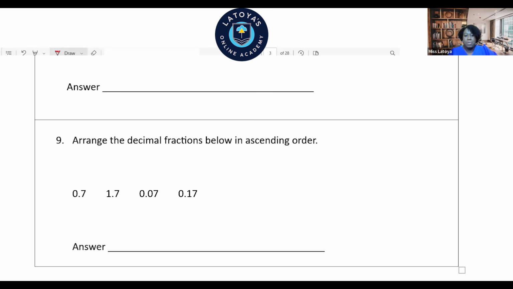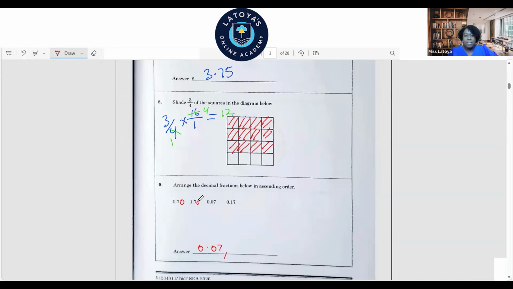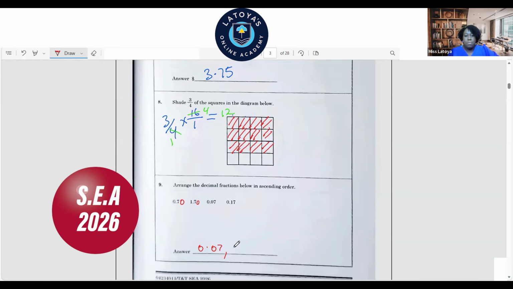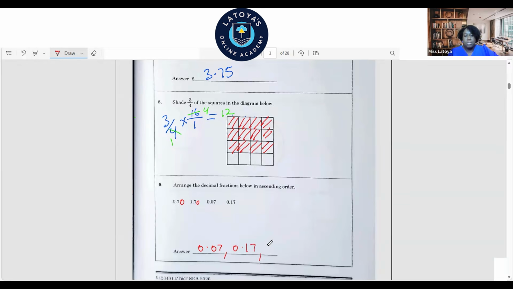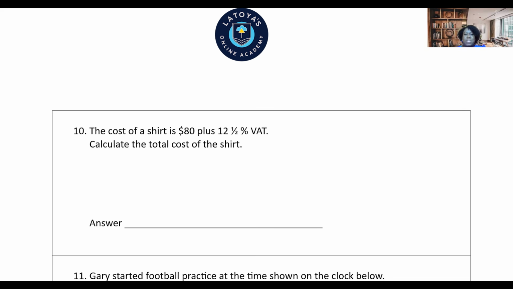The smallest is going to be 0.07. Then it's going to be 0.17. Then it's going to be 0.70. And then the largest is going to be 1.70.